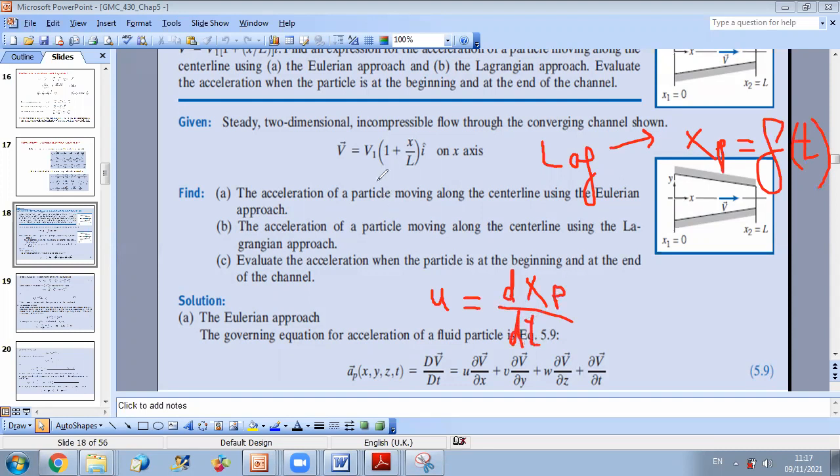And if I replace u by its expression, I will get a differential equation of x and time. So what I can do here, I can separate variables and integrate from both sides. I integrate one side with respect to x and the other side with respect to time. Okay, so let us see how to do this.